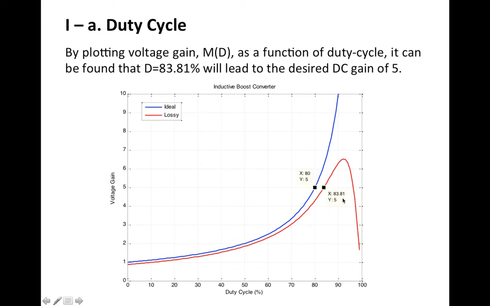But for the lossy case, we have two crossings with the horizontal line with value of 5, and the lower one, which means the minimum duty cycle that can give us a gain of 5, is around 83.8%. So it means that I have to increase my duty cycle by about 3.8% to get the same gain value.